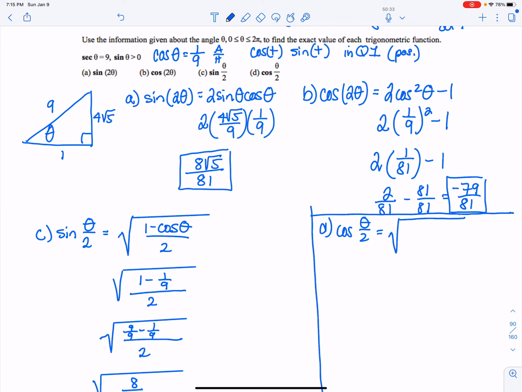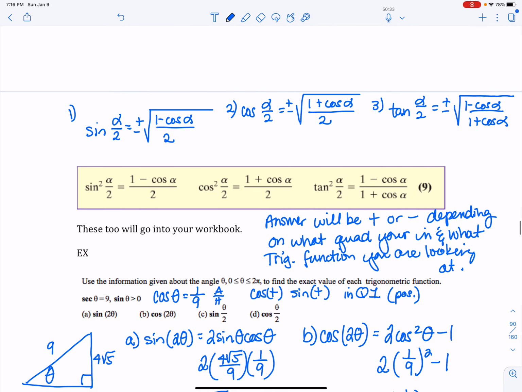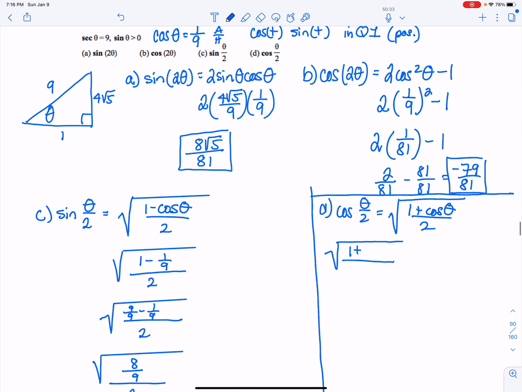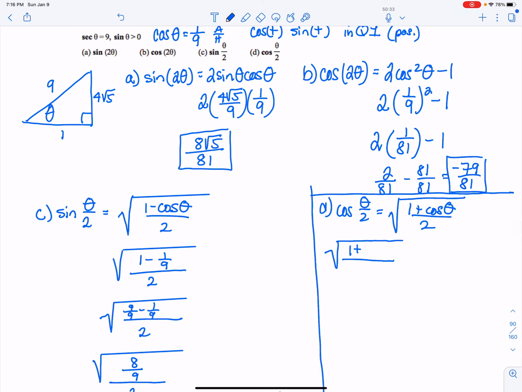And this is going to be 1 plus cosine theta over 2, but let's double check. And now I'm going to plug and chug. So cosine's value we found by using the triangle, or actually it was given to us, is 1/9. And that's all over 2.